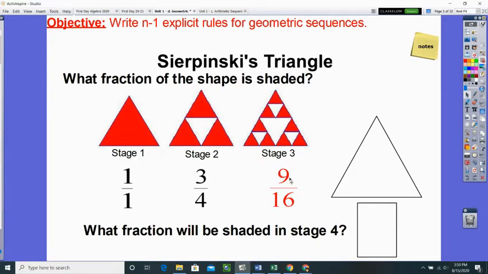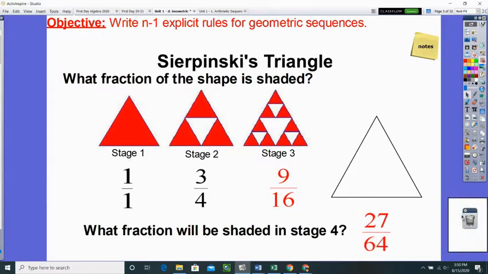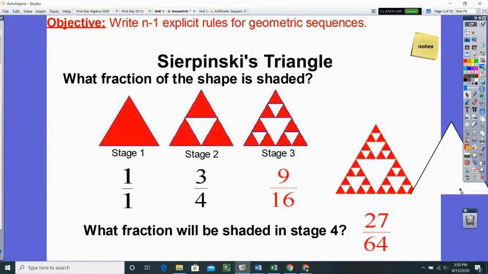So if you continue that pattern, 9 times 3 is 27, and 16 times 4 is 64. And I'm going to show you this picture. It's kind of crazy. But again, remembering that inside this triangle are a bunch of white, and inside each one of these. So there are actually 64 triangles that are this size that I'm tracing in there. 27 of them are red.